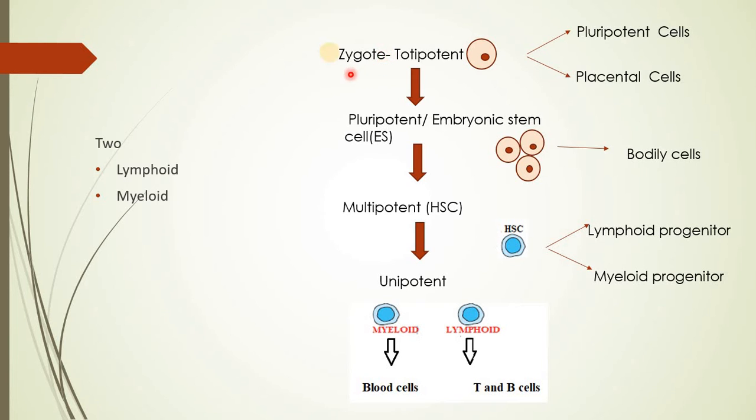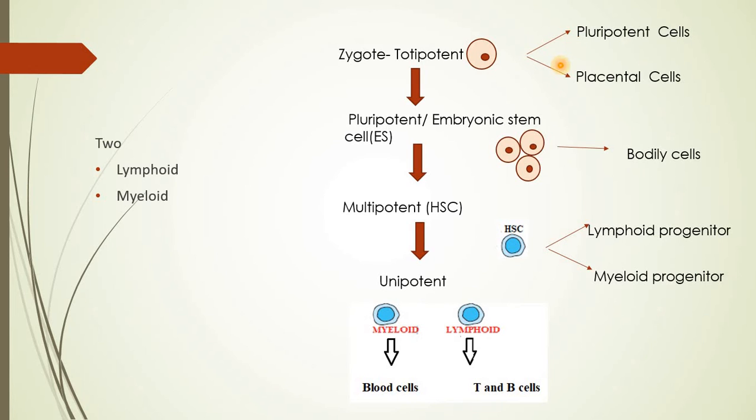These different types of cells present in an individual are developed from the zygote, and therefore it is called a totipotent cell. Or in other words, the zygote has the ability to give rise to various different bodily cells as well as the placental cells in the early embryonic stage of development, right? Thus, it is called a totipotent cell.